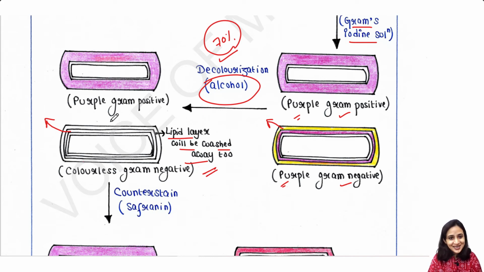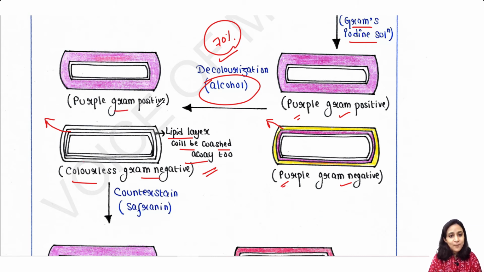Now, as this layer is very thin, the stain will also be washed away. As the stain is washed away along with the lipid bilayer, the cell looks colorless.